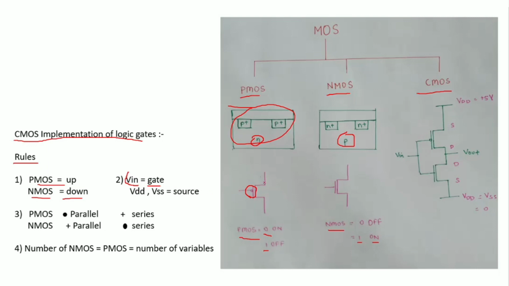The general structure of the MOS contains gate, source and drain. Here this will be the gate, this will be the source, and this will be the drain. Similarly in NMOS, the gate will be this only, but here this will be the drain and this will be the source. The next rule will be the third rule. I will explain the third and fourth rule after some time. Let me move forward here.